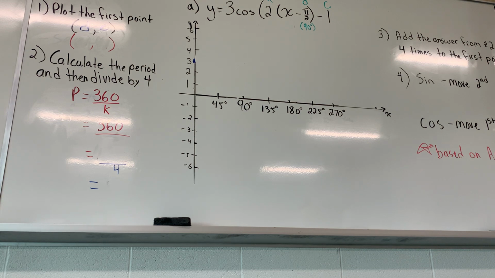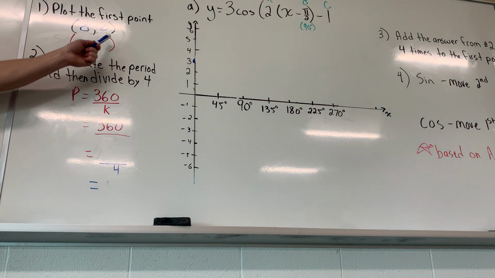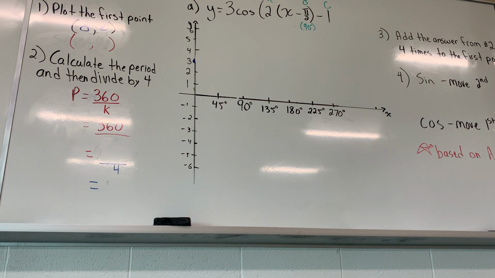Okay, so what's my first point? What's my D and what's my C? Adam? 90 and negative 1. Good, so 90 and negative 1.